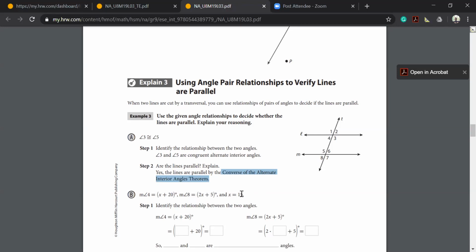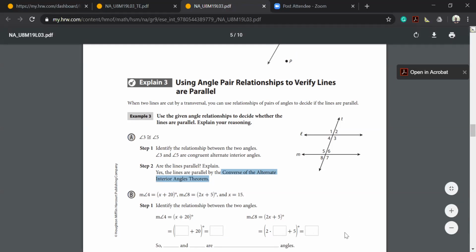So first of all, since he already gave me x, I have to substitute x in here and substitute x in here to find my answers, right? So 15 plus 20 is 35. And then 2 multiplied by 15 is 30, 30 plus 5, again, is 35. So 35 and 35.